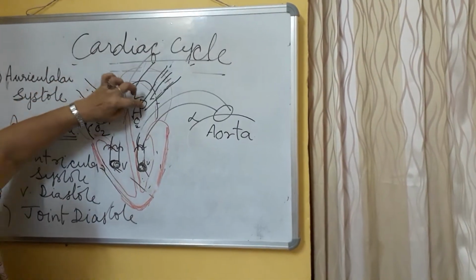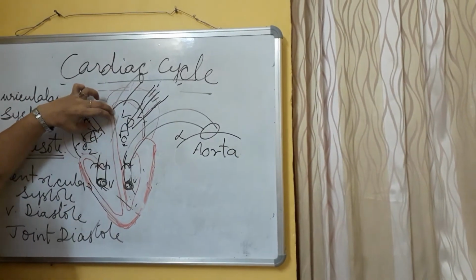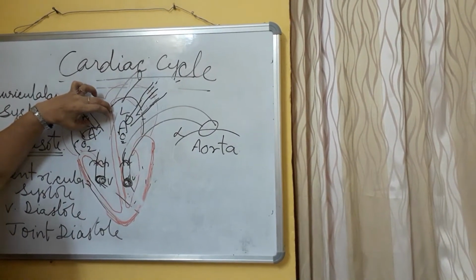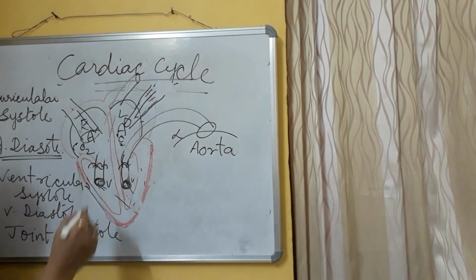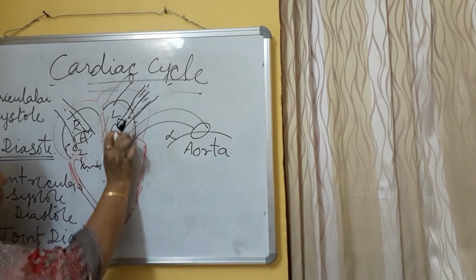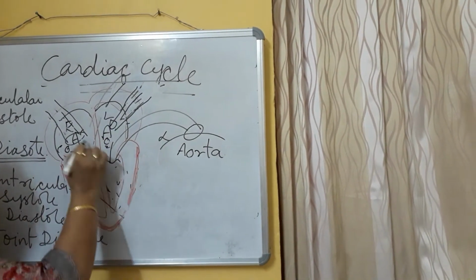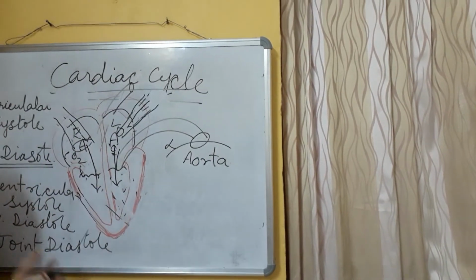What is the meaning of contraction? Contraction means systolic condition. So when these auricles are in systolic condition, the blood is coming from the auricles to the ventricles.